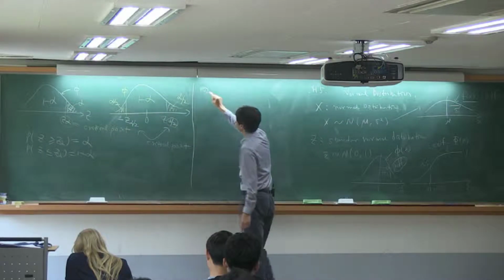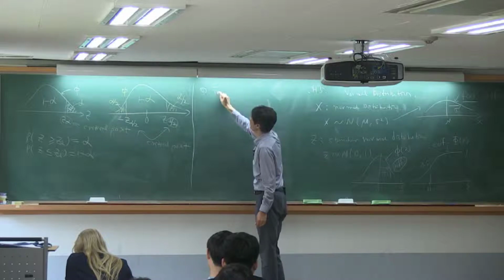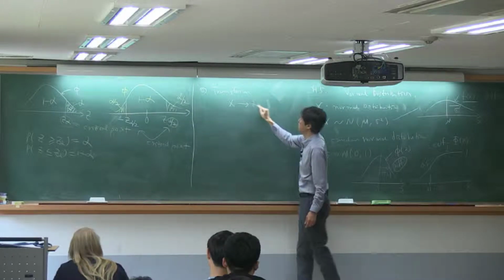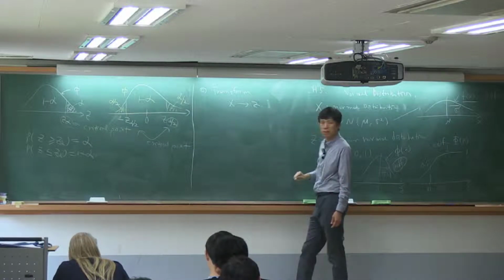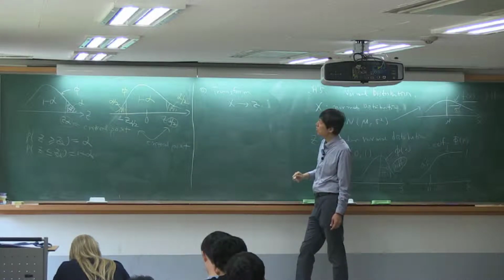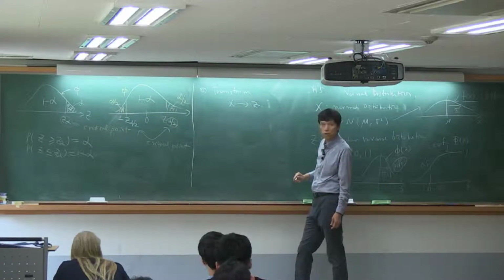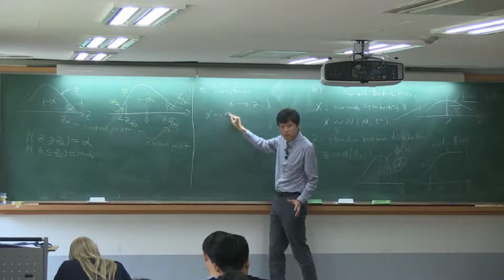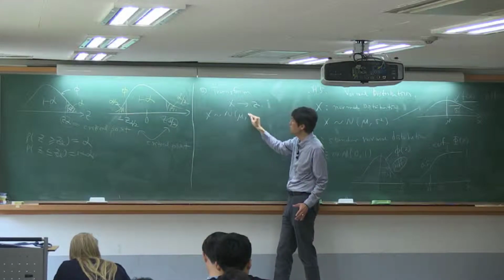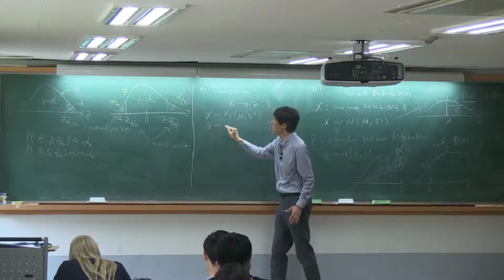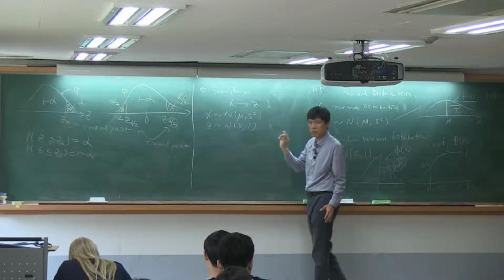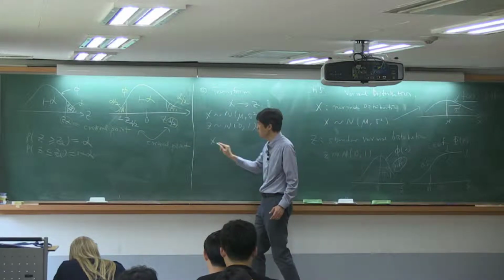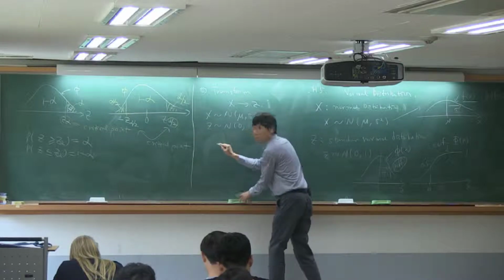Then how can we convert or transform X to G? Here X is normal with mu and sigma squared, and G is standard normal, 0 and 1.